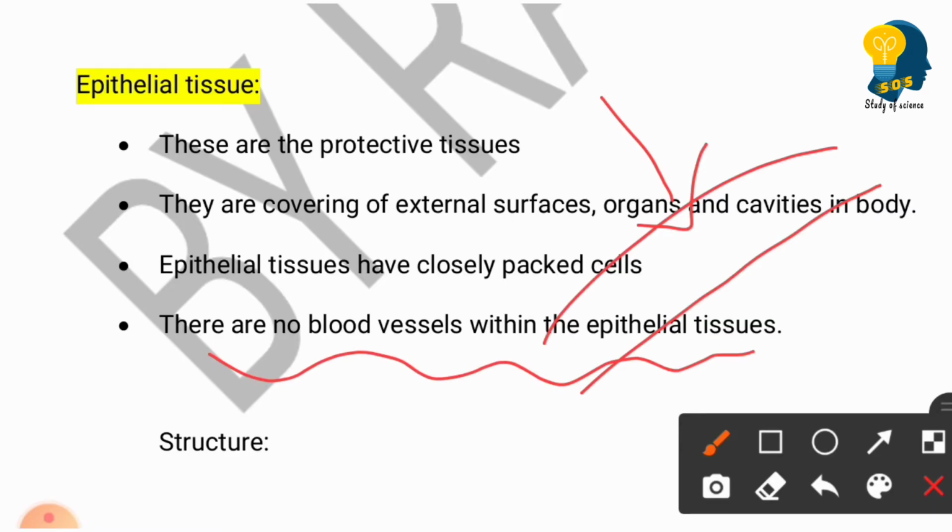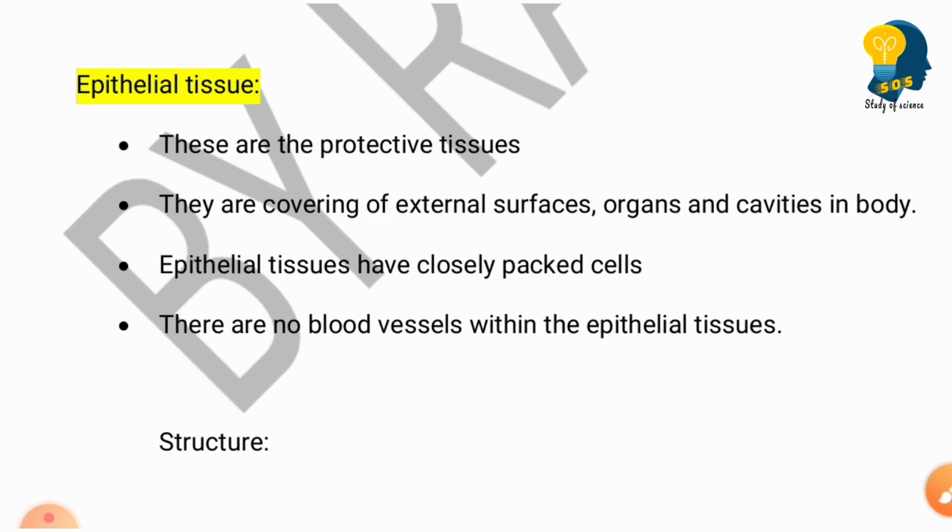As a result, the blood vessels present in the epithelium tissues would have ruptured and the blood would have come out. Clear? That is the reason we do not have blood vessels within the epithelium tissues. I hope you have understood these points.